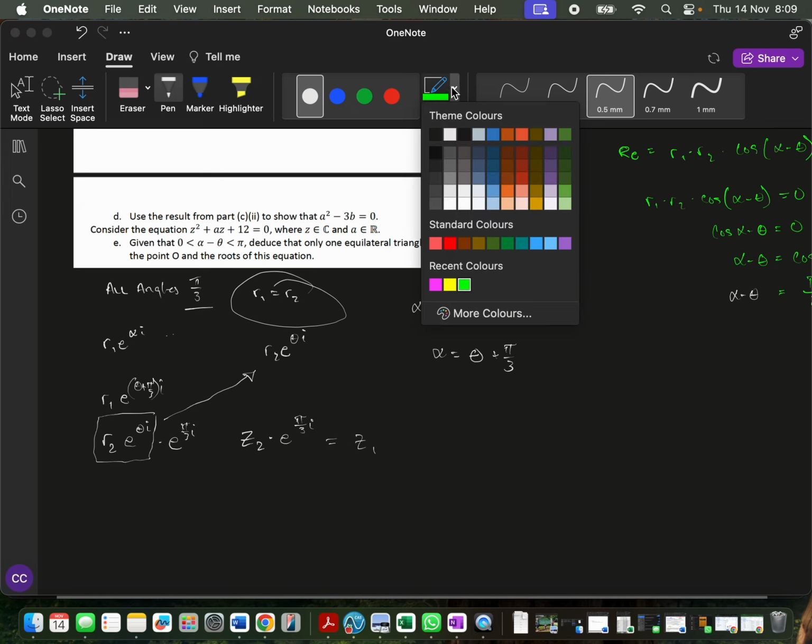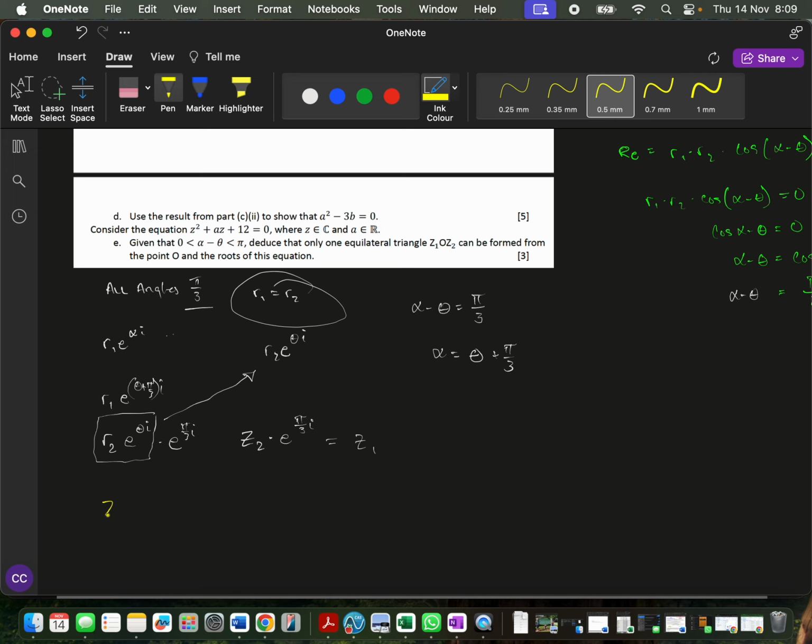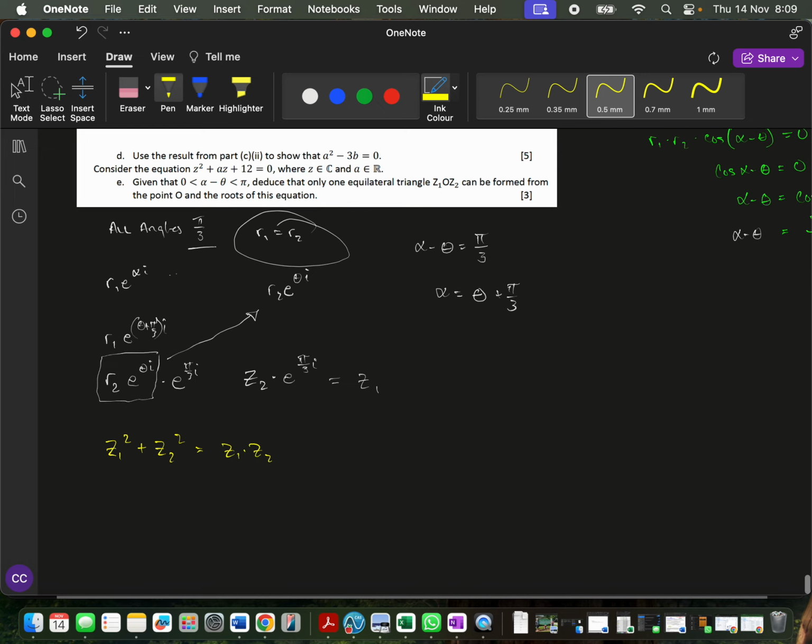So we have to get ourselves there. I want to use what we just learned in that last question to simplify things a little bit here.